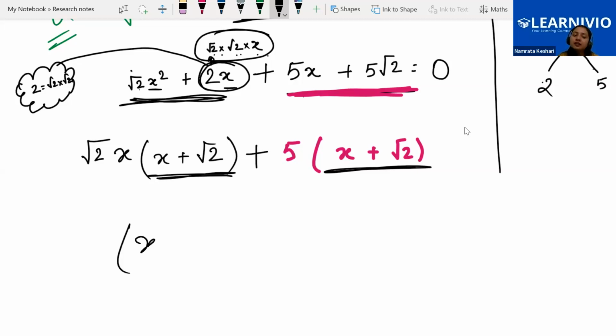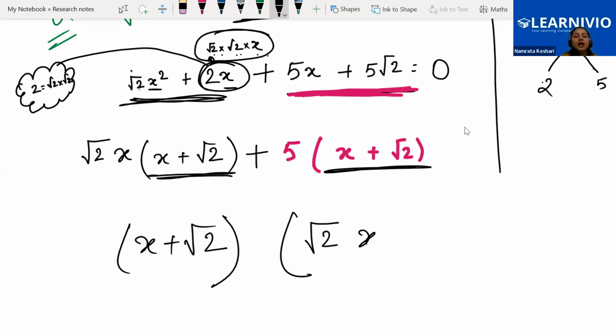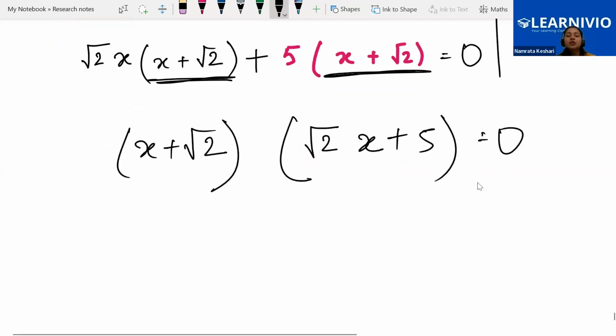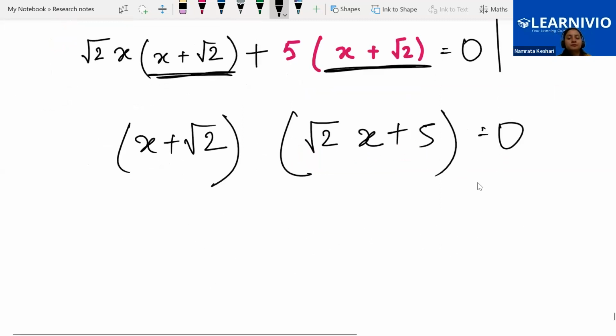We are having in one bracket x plus root 2 and in the other bracket root 2x plus 5, that is equals to 0. Now tell me the x values. Yes, Afnan, Alvina and Abdul. Please tell me what is x value.